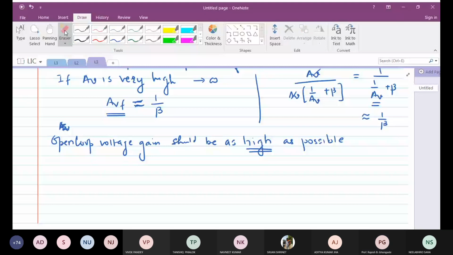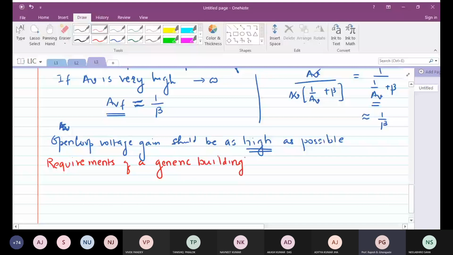Requirements of a generic building block, that is a voltage amplifier, what should be my very first requirement?